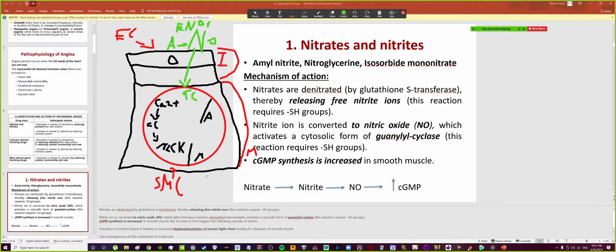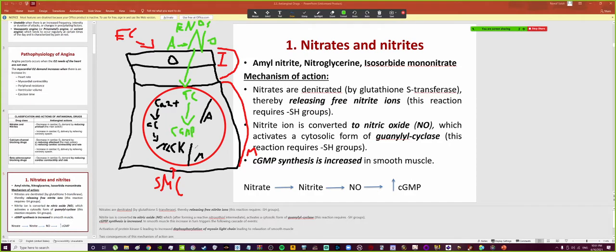And this enzyme activates the synthesis of something very important, which is cGMP. It's in the slide as well, cGMP.